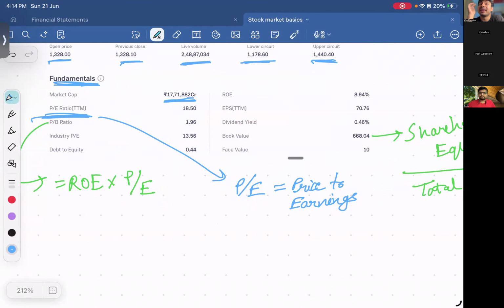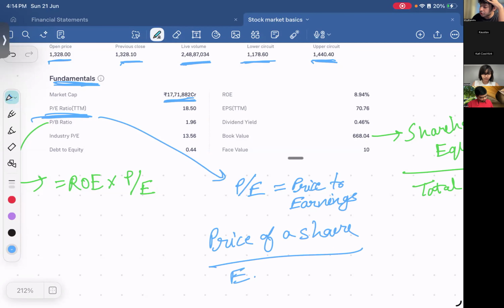Price to earning basically tells me what is the price of a share compared to the earnings that I'm getting on the same share. The way you calculate it, exactly how I spoke, is price of a share divided by earnings per share. Price of a share you will get directly from the stock market, so no biggie there.